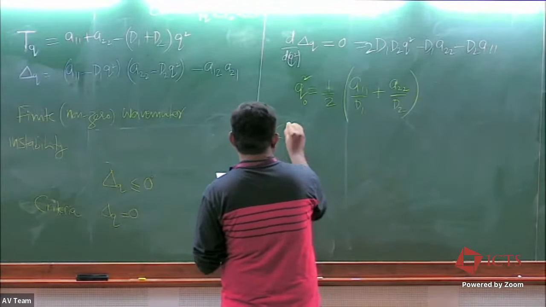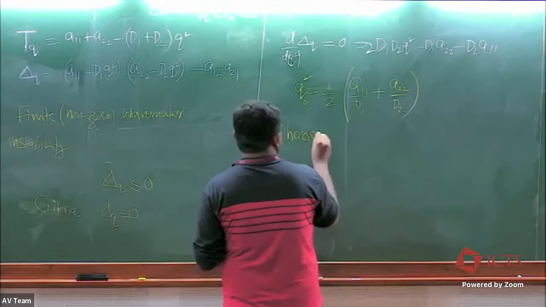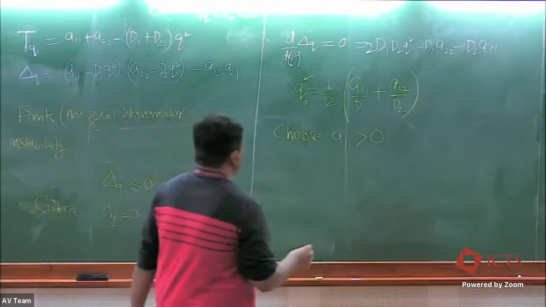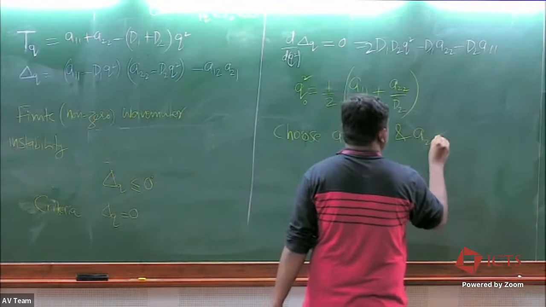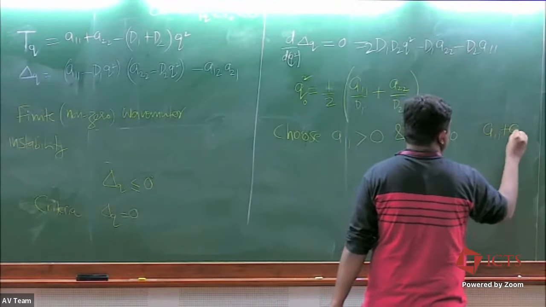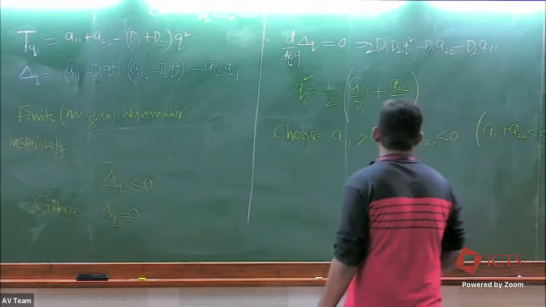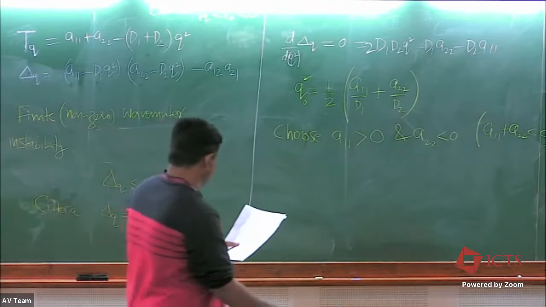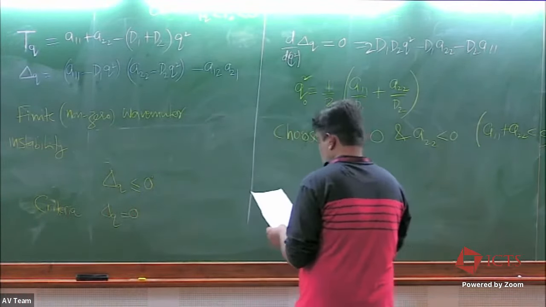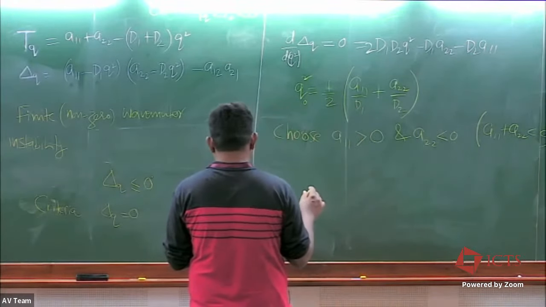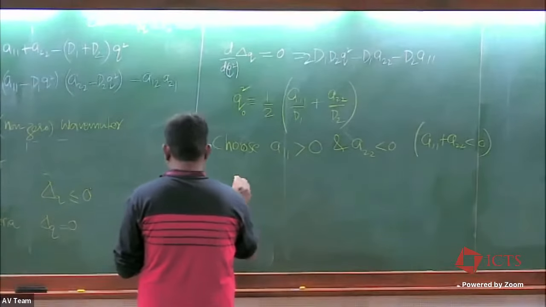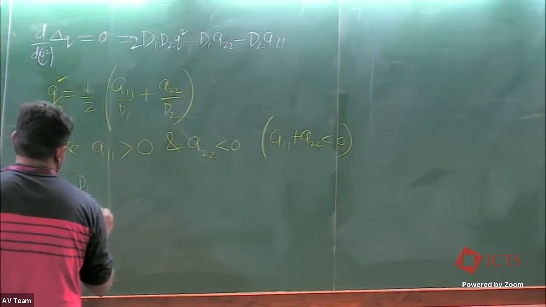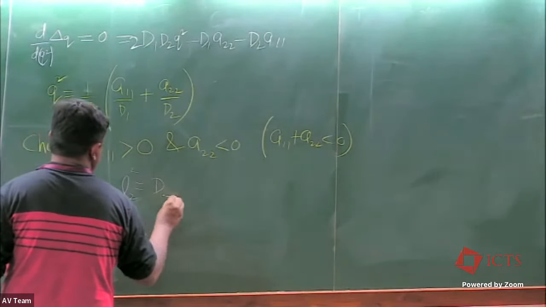So if I choose A11 to be positive and A22 to be negative, but still satisfy A11 plus A22 less than 0, I can define 2 length scales in the problem, which is basically L1 square as D1 by A11 and L2 square as D2 by A22.